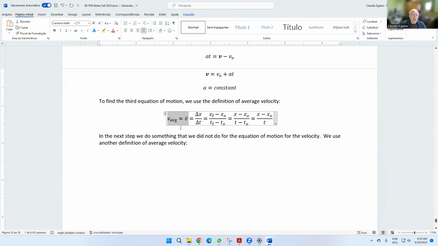You either use V average or use V bar. Many books prefer to use this notation here. And there is another definition of average velocity, and you should be familiar with this other definition. This other definition is final V plus initial V divided by 2. Are you familiar with that? Simple enough, right?